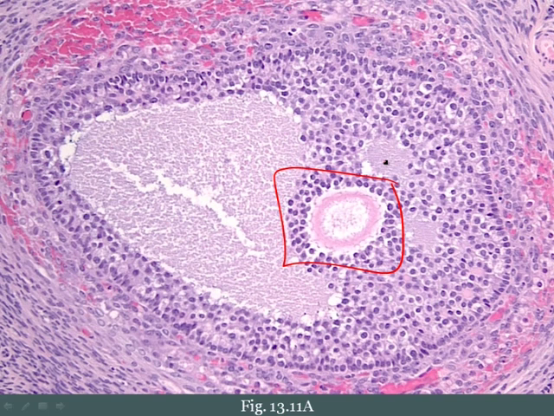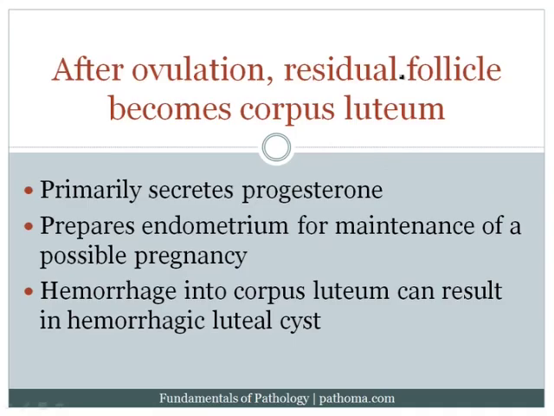And remember that progesterone hits the endometrium and prepares the endometrium via the secretory phase for implantation, which obviously these cells are hoping will occur because they work so hard to produce this beautiful egg. So after ovulation, the residual follicle now becomes called a corpus luteum.